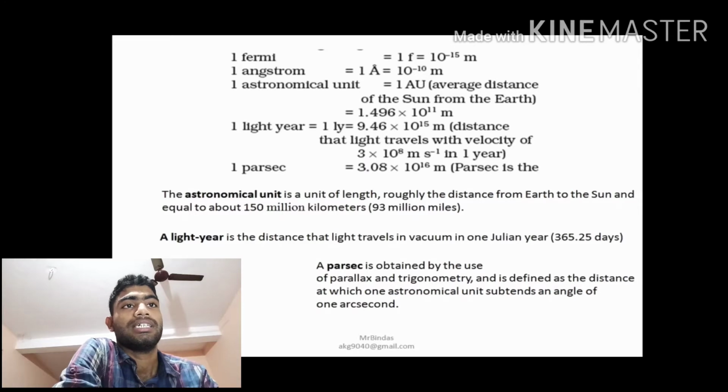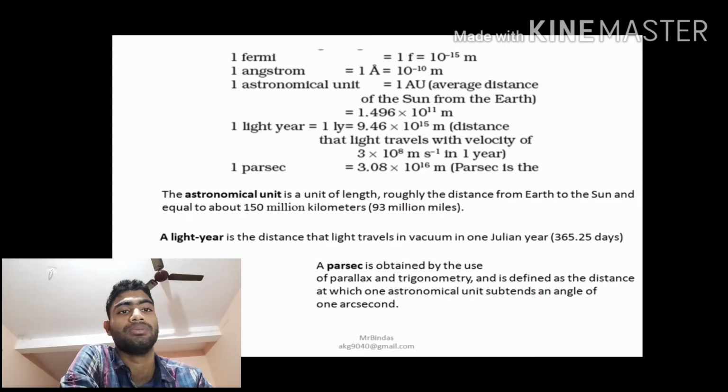Light year is the distance traveled by light in 1 year in vacuum. And 1 parsec is also a distance, at which 1 astronomical unit subtends an angle of 1 arc second. So we use these units for different measurements of length.